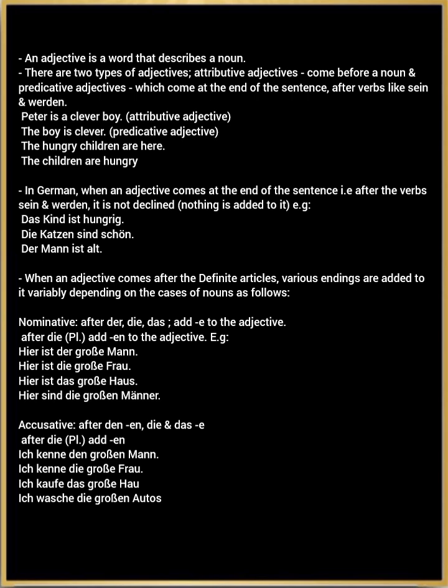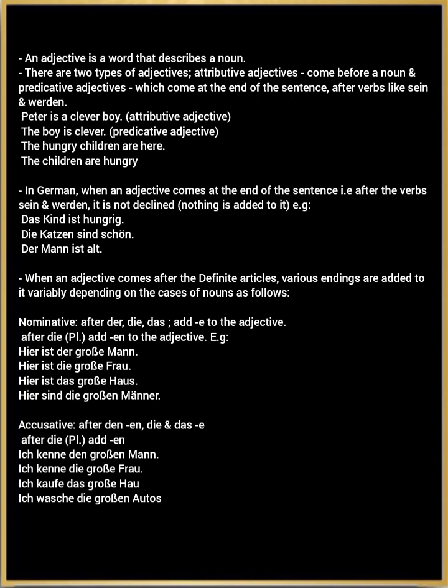Remember, in German, when an adjective comes at the end of the sentence, mostly after the verbs sein and werden, nothing is added to it. Okay? So that is a very important point. I'd like you to re-emphasize it.